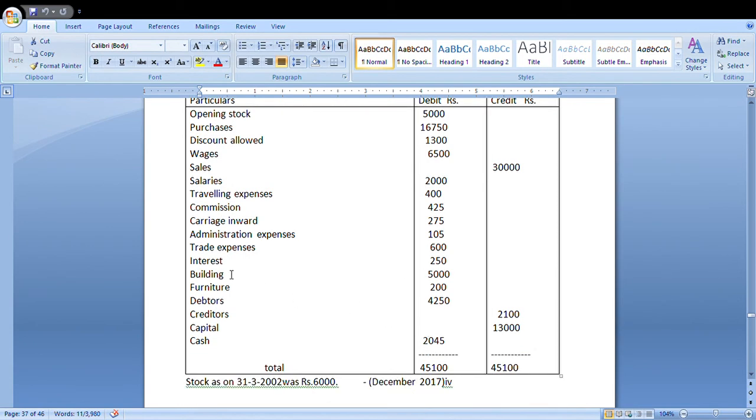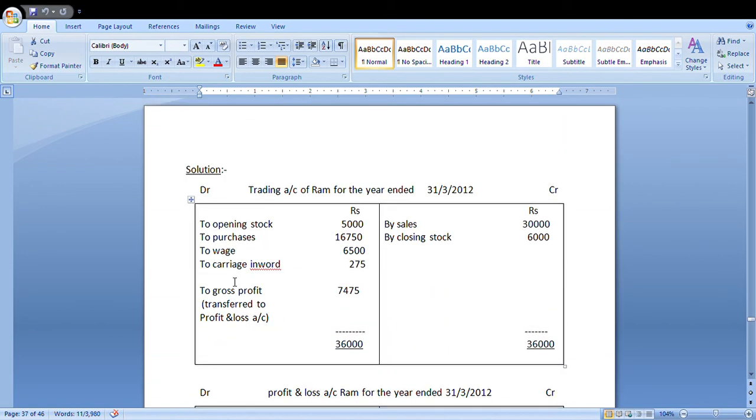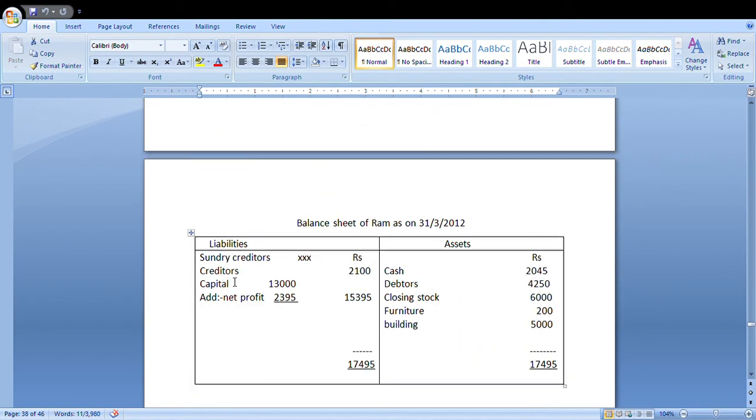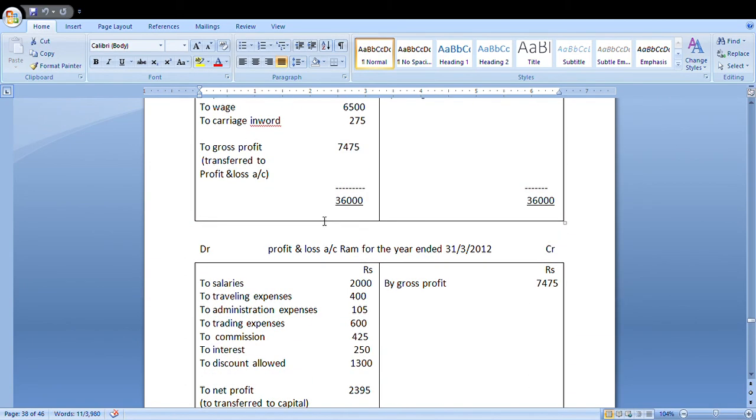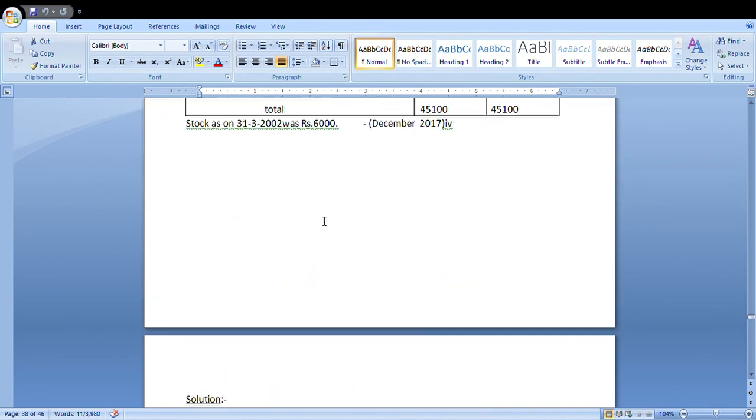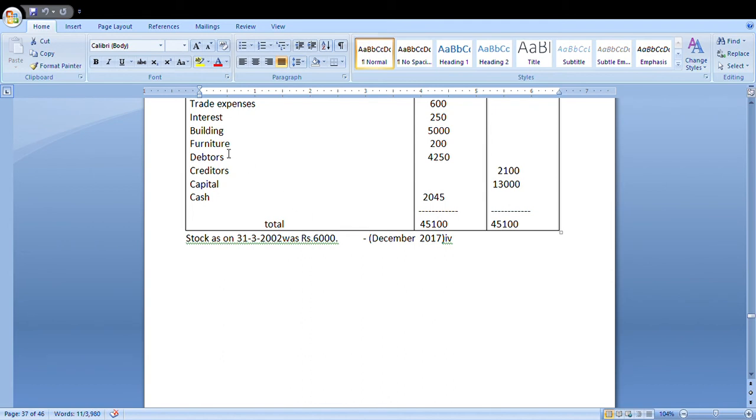Bills receivable. Bills receivable is an asset. It does not enter the profit and loss or trading accounts. It enters the balance sheet, asset side. Bills receivable 5,000. Next, furniture. It is also an asset. Enter it in the balance sheet, asset side.